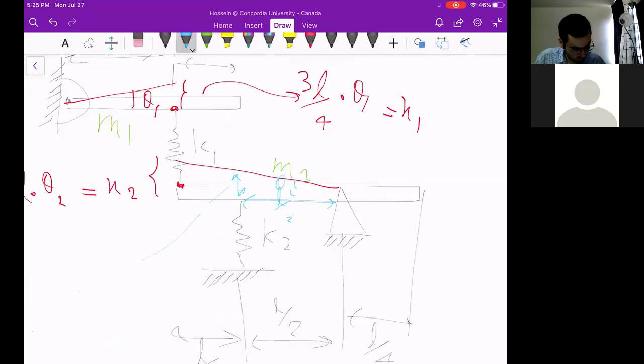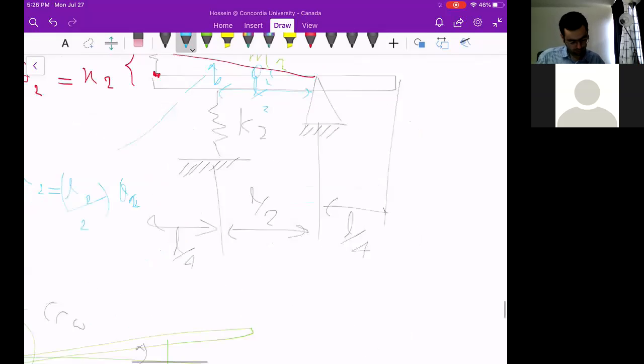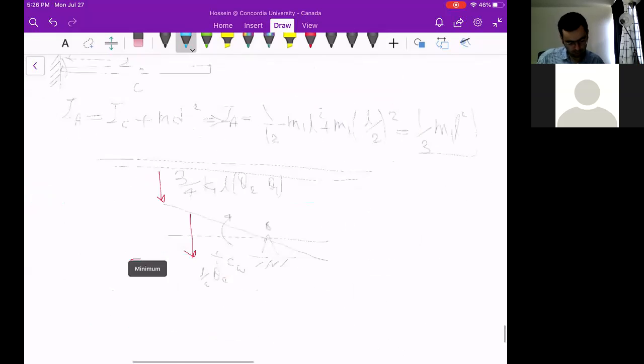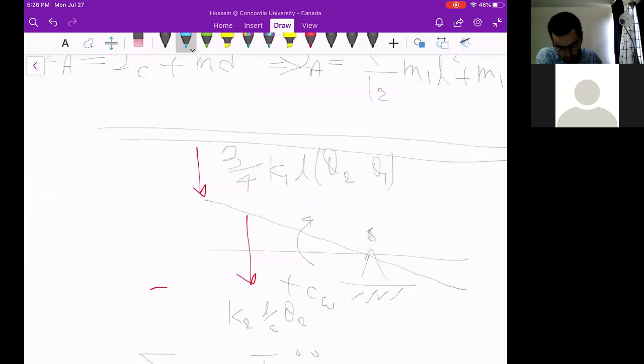So x2 for the lower bar is L divided by 2 multiplied by theta 2. And similarly, you could find this force, which is the same for the above bar, the reaction and action force.